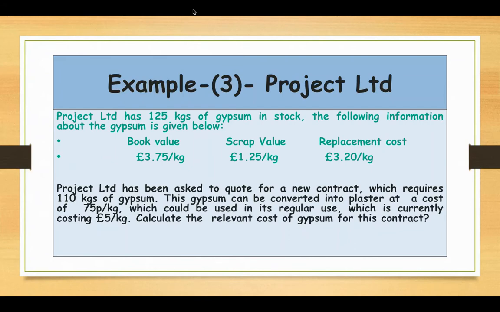But if they convert this gypsum into plaster, it's going to cost them 75 pence per kilogram. So by converting this gypsum into plaster, this company can save £5 take away the 75 pence, which is £4.25 per kilogram. So the relevant cost of gypsum is going to be the savings of £4.25 times 110, which is £467.50.